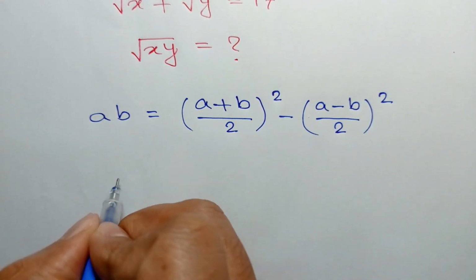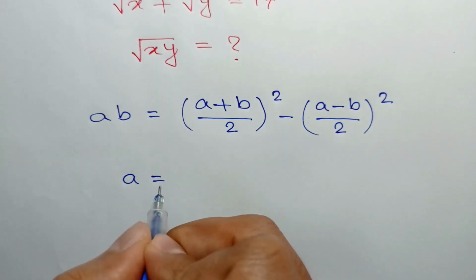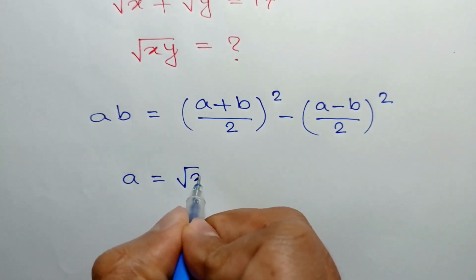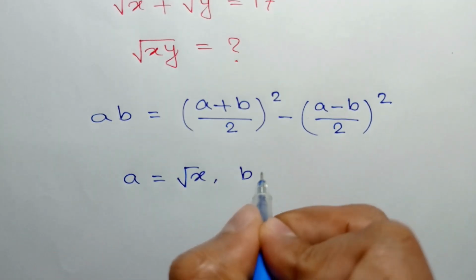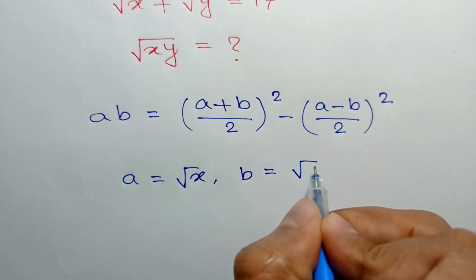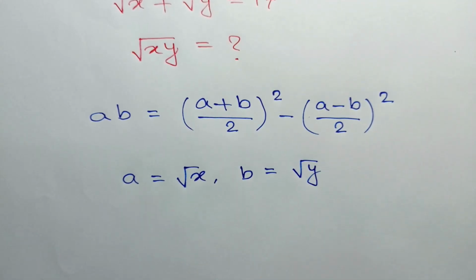Now consider a is equal to square root of x and b is equal to square root of y.